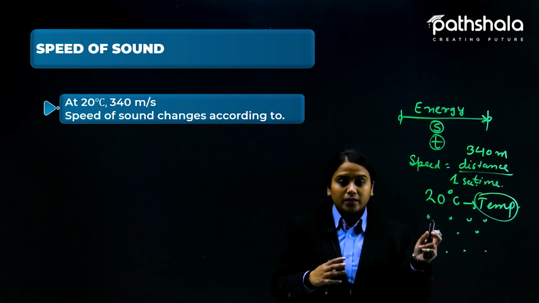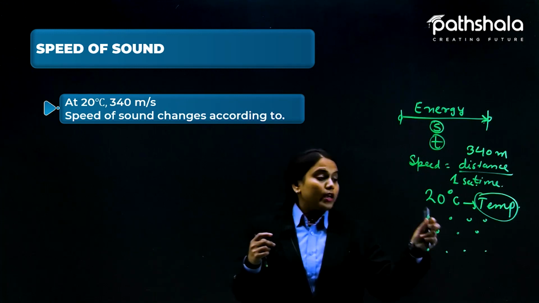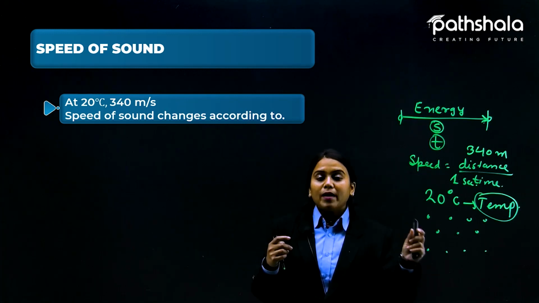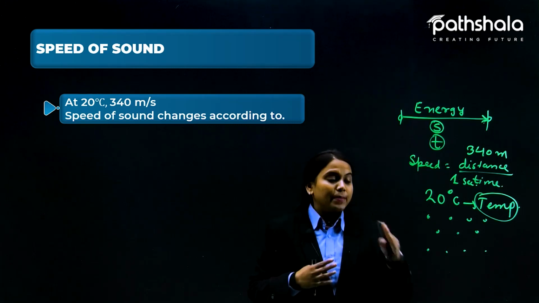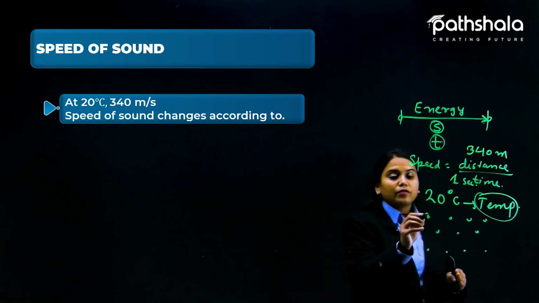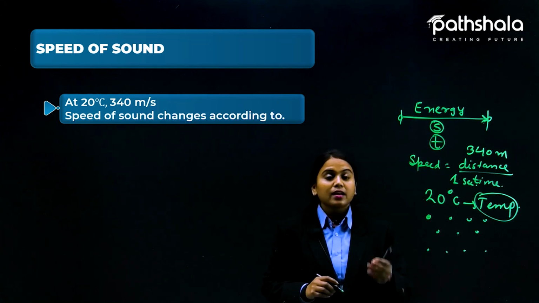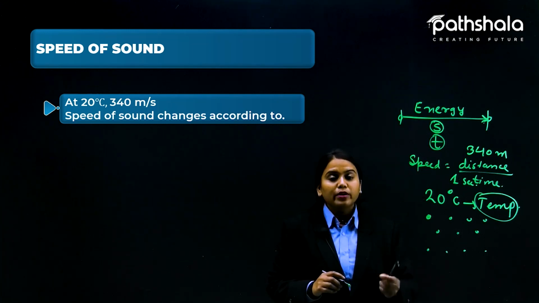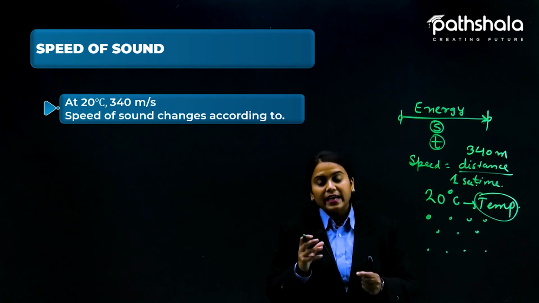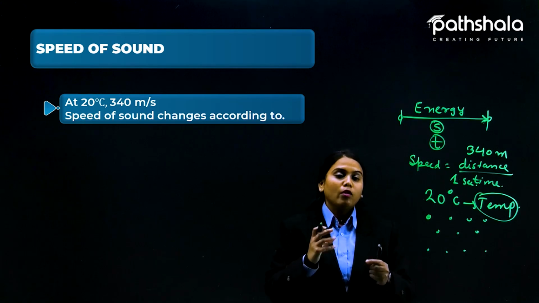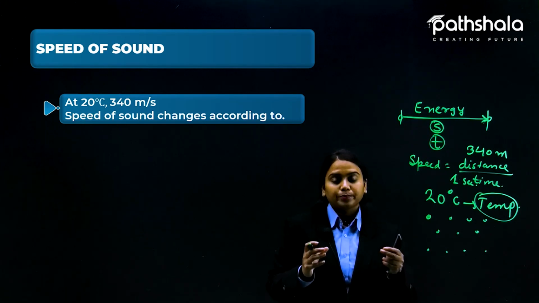But since it is very cold, even the vibration of the particles will be reduced, though they are close to each other. So at that time, sound will not be able to travel with much speed from one place to another, even when the particles are that close.